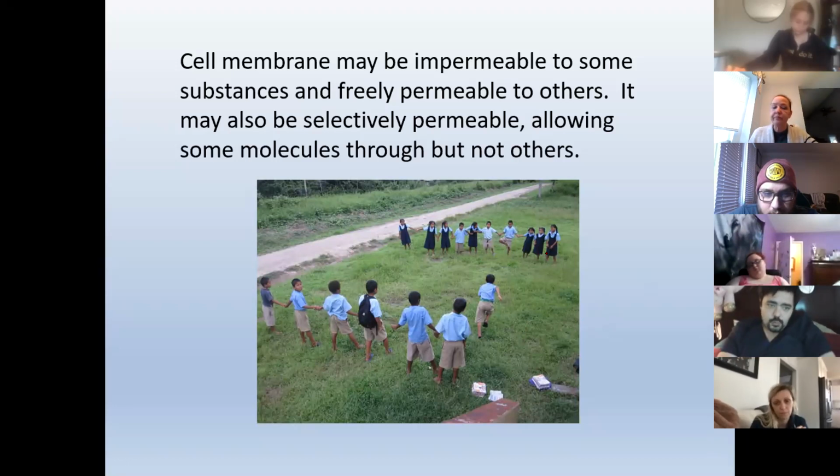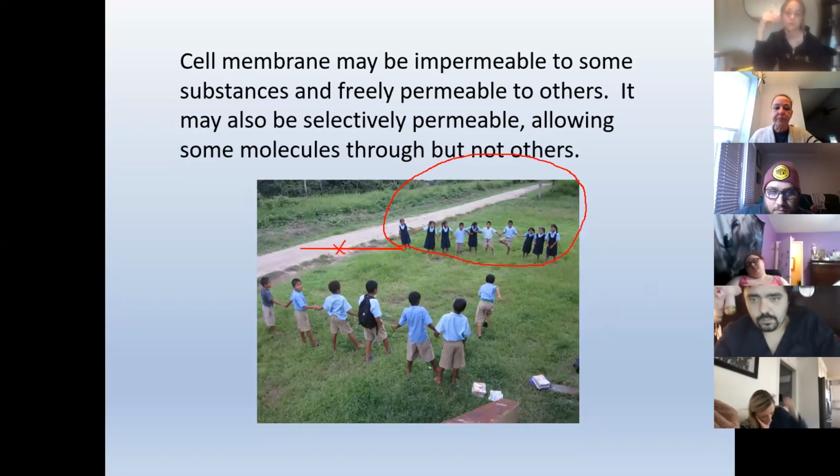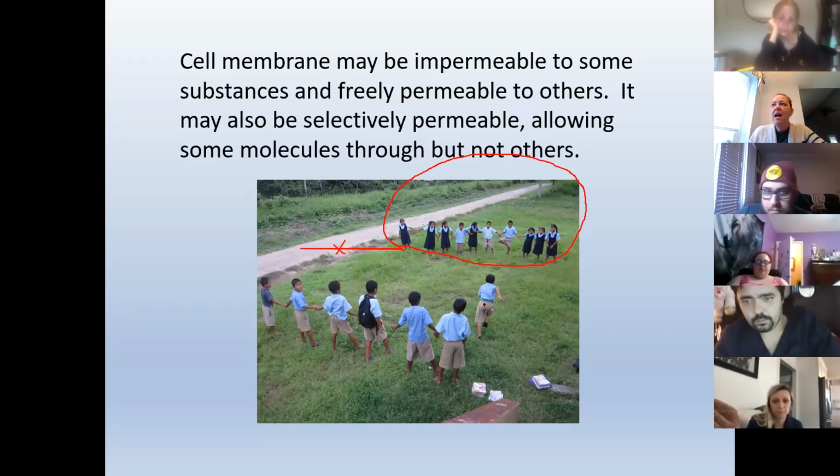No worries. Okay, so Red Rover reminds me very much of a cell membrane. So if we look at this little line of children, and if we continue that line in a circle, we now have a cell membrane. So this cell membrane, Red Rover, let whoever come over.